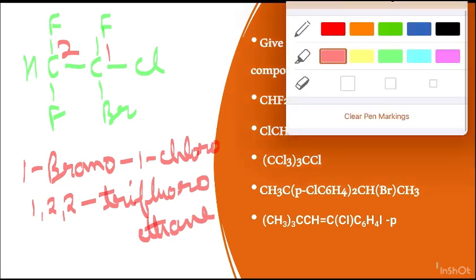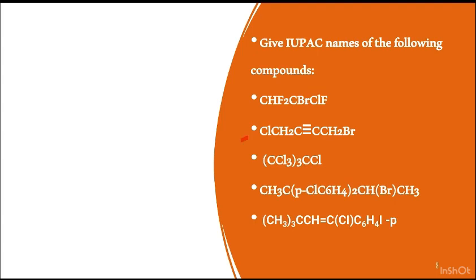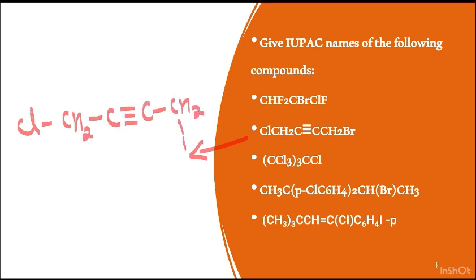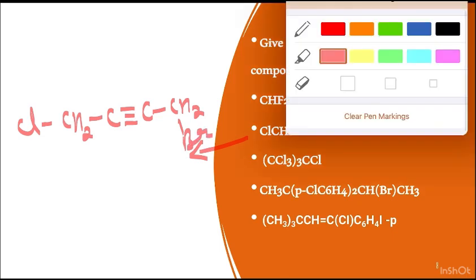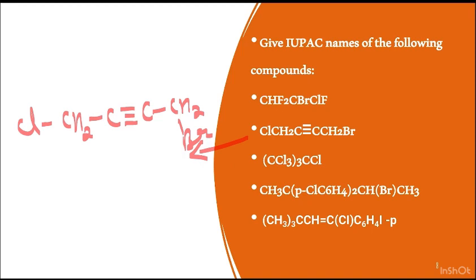Let's take the next example. ClCH2, C triple bond C, CH2Br. Now you have to see from where the triple bond is coming closer, because when you have unsaturation along with halogens in the compound, you have to give preference to the unsaturation, that is double or triple bond, right?